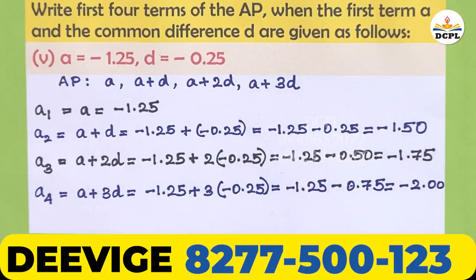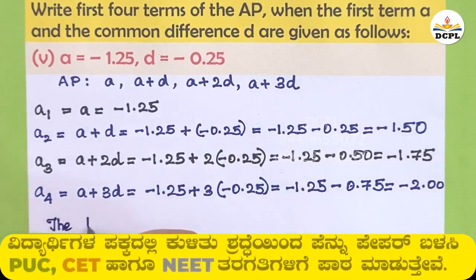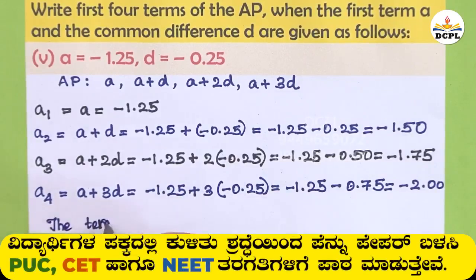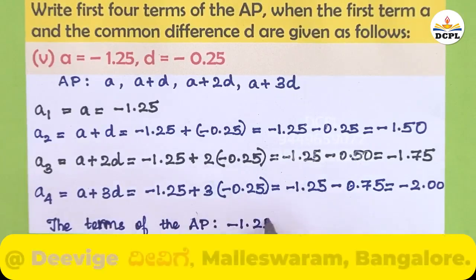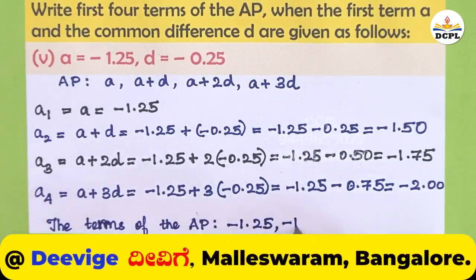So now let us write the concluding step. The terms of the AP are minus 1.25, minus 1.5, minus 1.75 and minus 2.